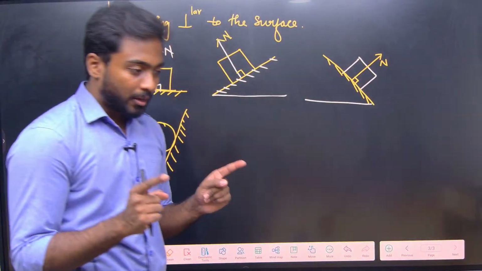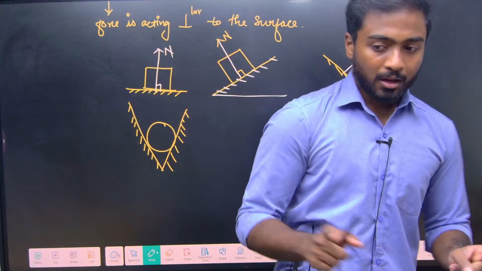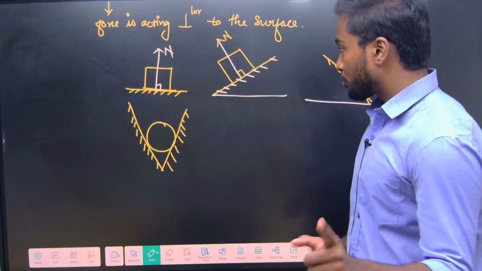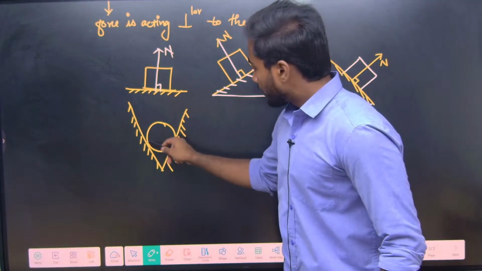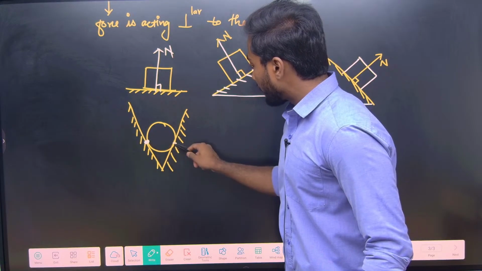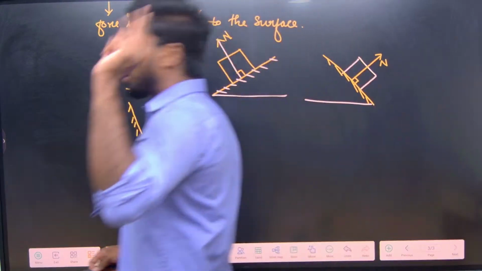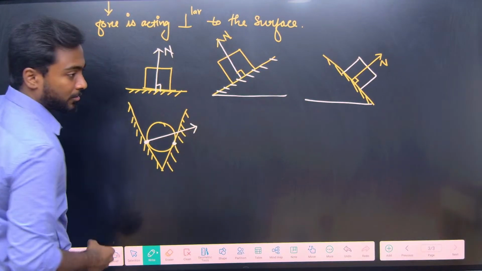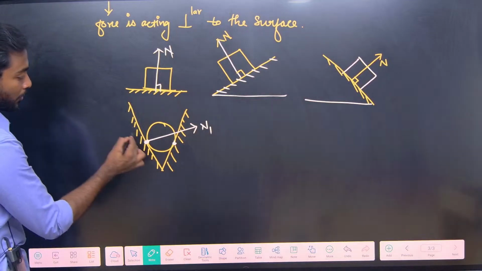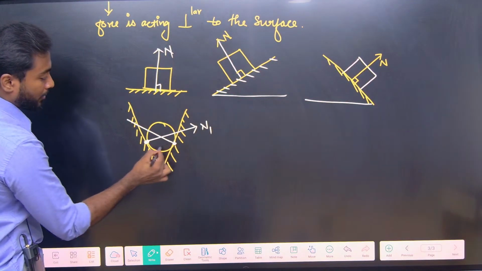Whenever you are talking about an object, how many contact surfaces should you see? One contact surface. But here there is one contact surface here and one contact surface here, which means two normal forces will be there. One will be perpendicular like this, this is my N1, and one will be perpendicular like this, this is my N2.